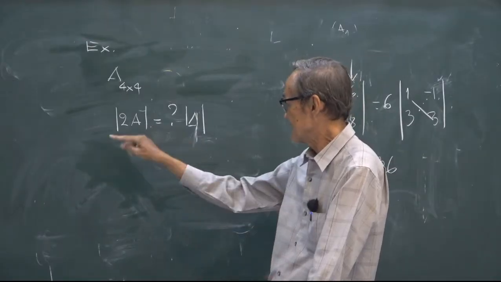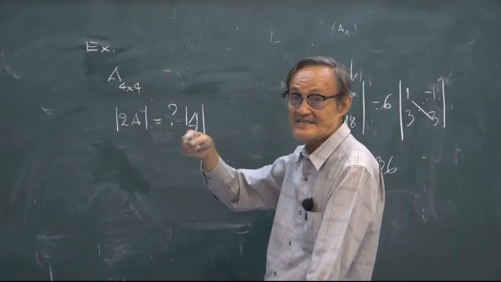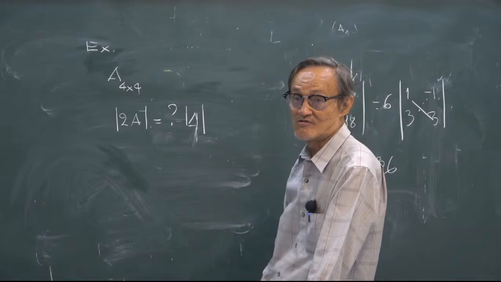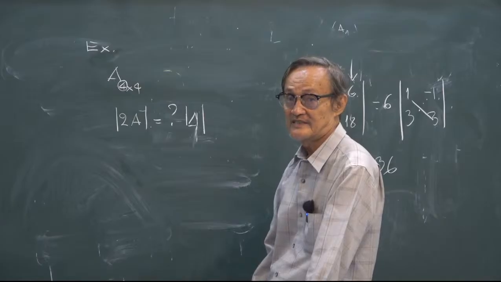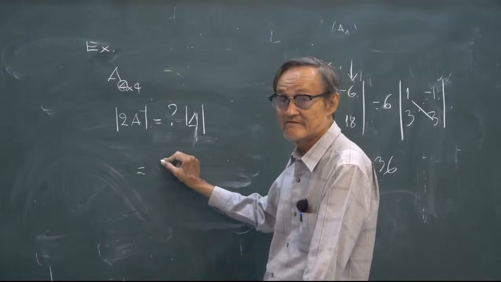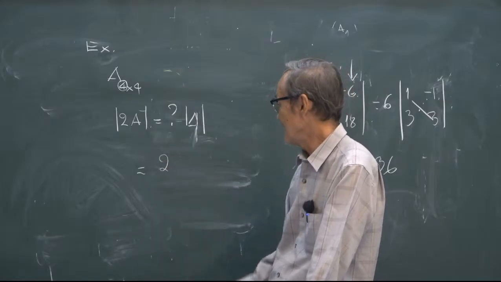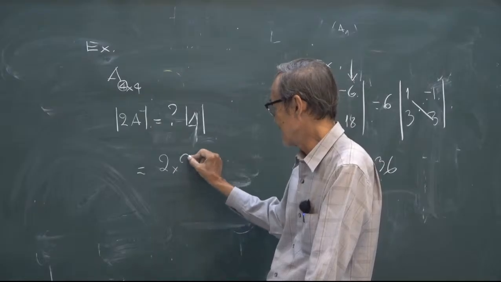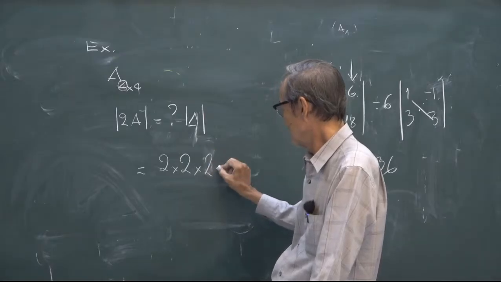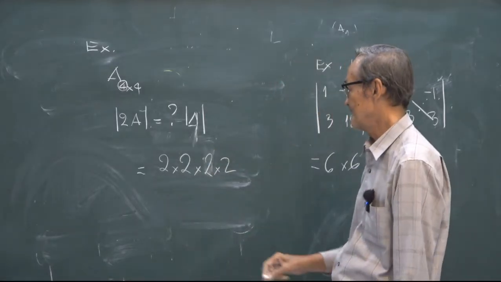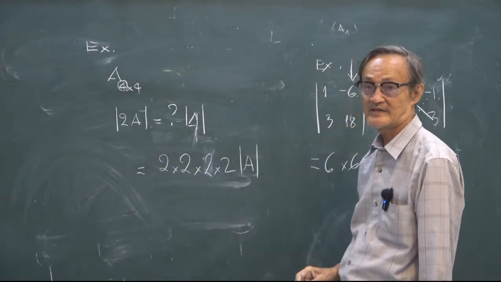But check the common factor of the determinant, each column or each row. We have 4 rows. Common factor of the first row 2, and common factor of the second row 2, row 3, row 4, then 2A becomes 2 to the 4 times A. Okay.